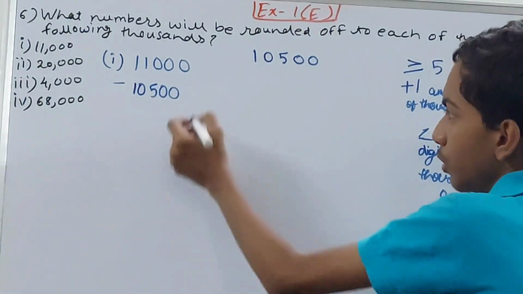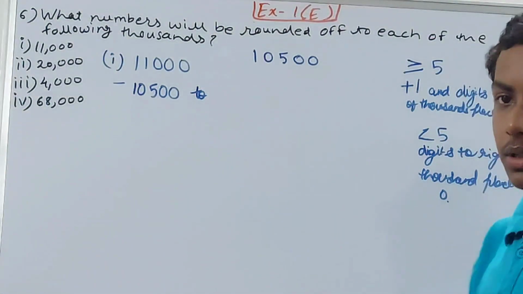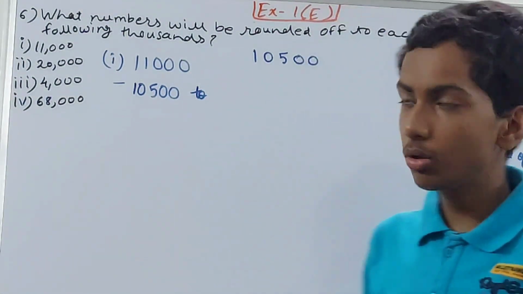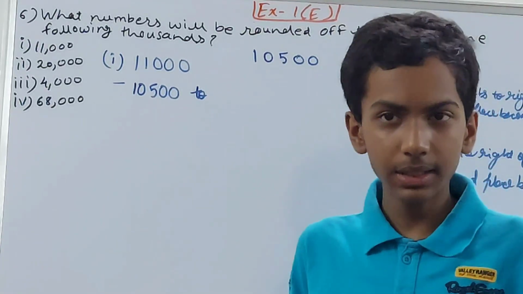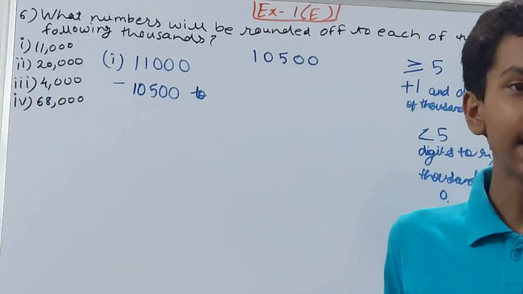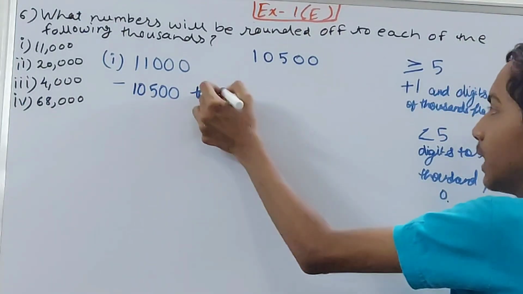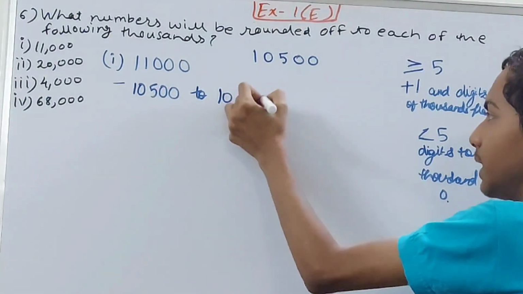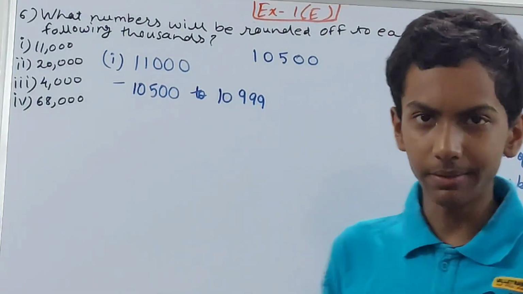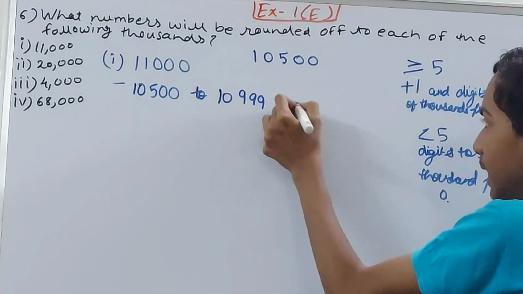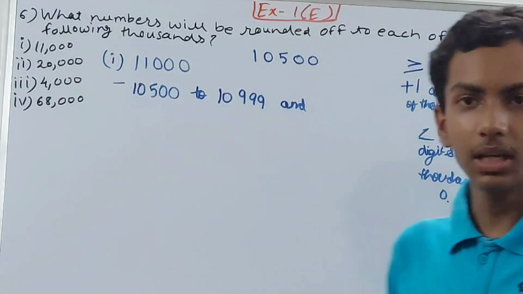Now, all the numbers greater than 10,500 but less than 11,000, up to 10,999, can be rounded off to 11,000.